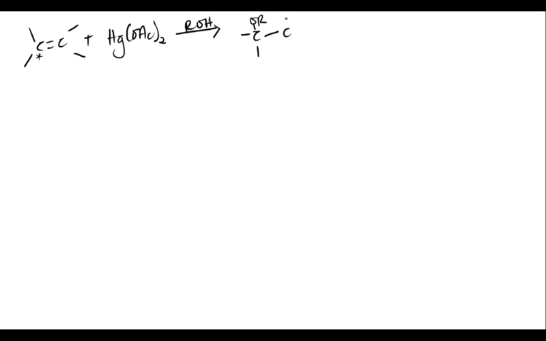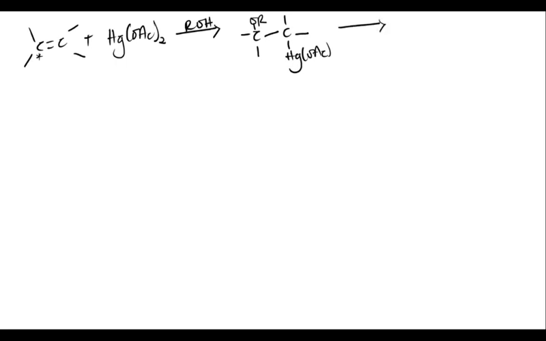So let's proceed. When we have our alkene of this form, and we are using this carbon with the asterisk as our most substituted carbon, we then add our mercuric acetate to it in the presence of an alcohol, and this will give us an intermediate that looks like this, with our acetylmercury group over here.